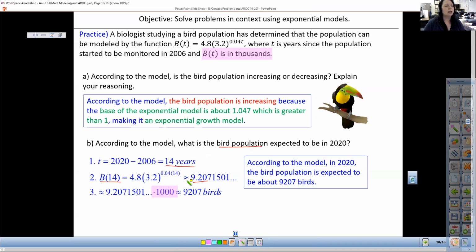And so what we're looking at is a simplified function that has everything divided by 1,000. So to get it back to the number we really need, we have to multiply by 1,000 at the end. And so you should multiply by that 1,000 before you do any rounding to get the most accurate quantity. And again, this is rounded to the nearest whole number afterwards because we're talking about birds. So it doesn't make sense to have part of a bird. That's kind of gross.